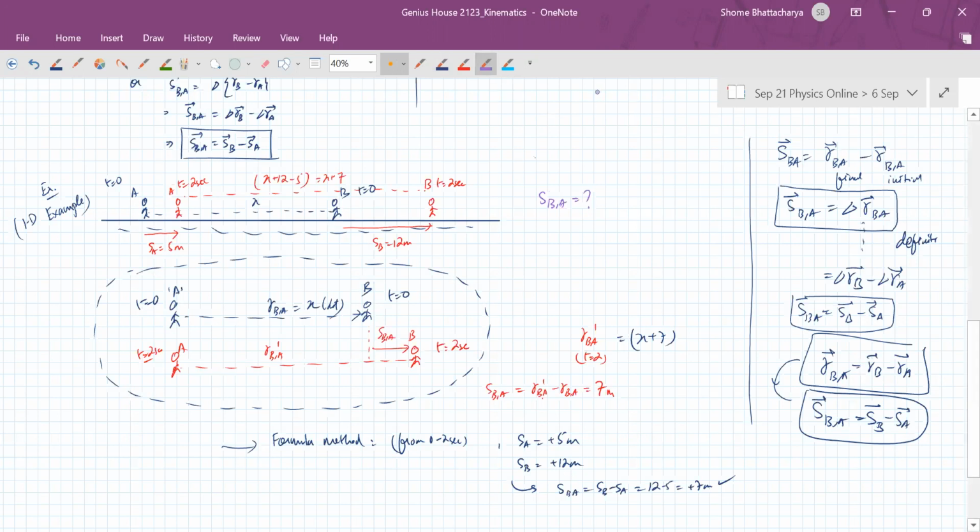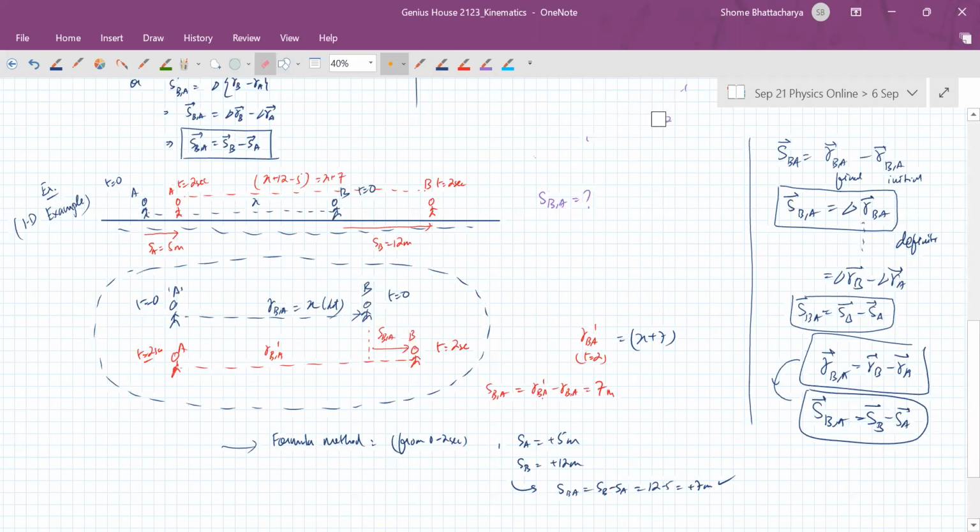In the ground frame, suppose an object was here right now, and after some time it has gone to the point A prime. So what is the displacement? It is not OA prime. OA prime is the final position. The displacement is this vector, A to A prime.